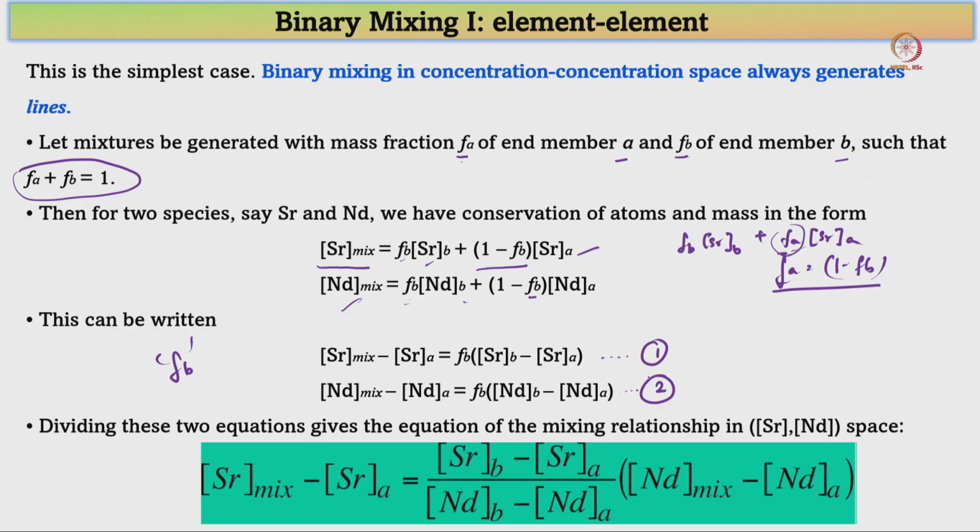If I divide equation 1 by equation 2, in my numerator I have strontium mix minus strontium of A, divided by neodymium mix minus neodymium A. Again, if I put a line, I have F B of strontium B minus strontium A, divided by F B into neodymium B minus neodymium A. Here I can easily take out my F B term and I am left with only this term.